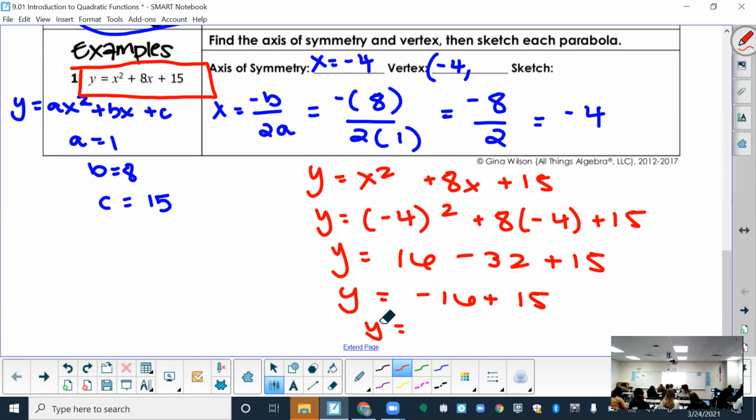And then once you've entered it in your calculator, what do you get for your y value? All right, -1. So that is my y value. That's the other half of my vertex.